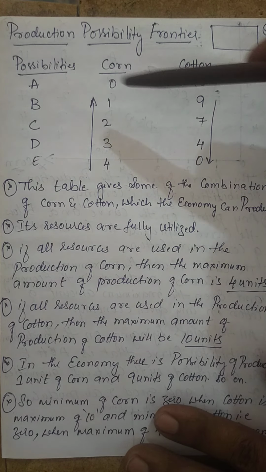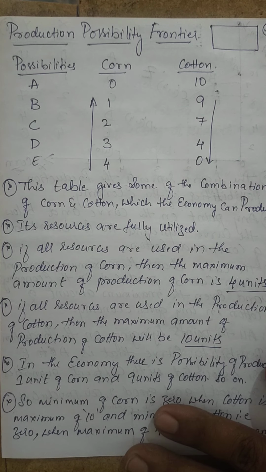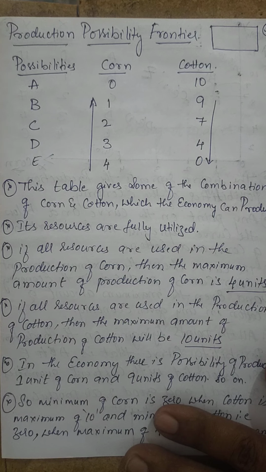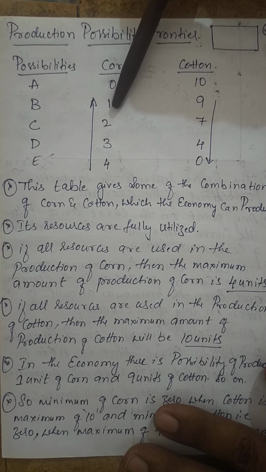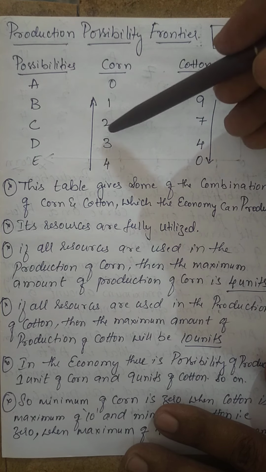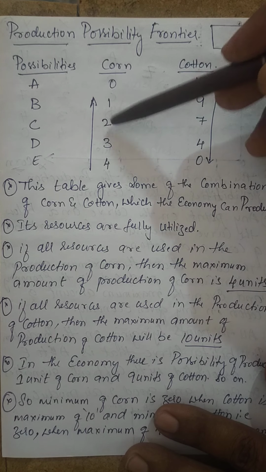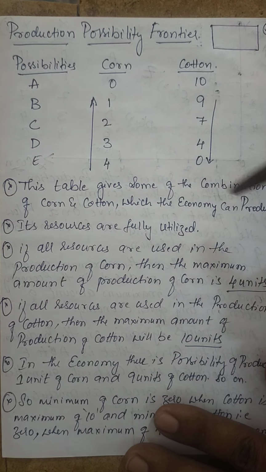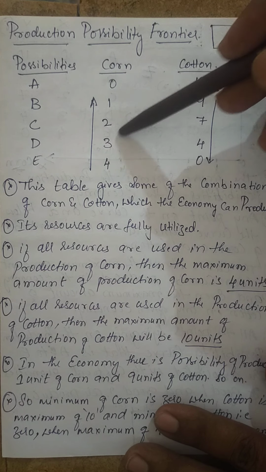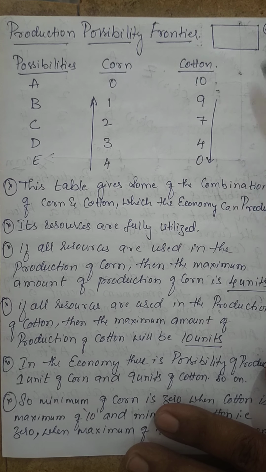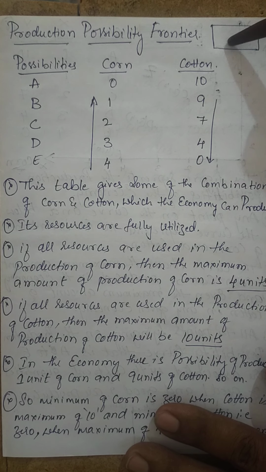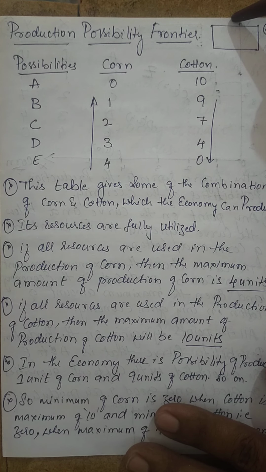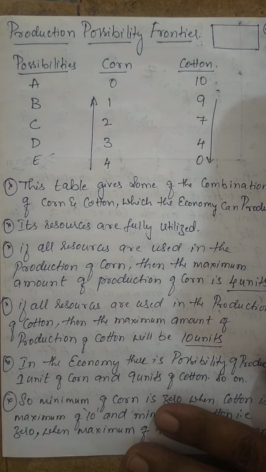The same thing takes place for the third activity, which is called the C combination. He is ready to grow 1 more unit of corn, which means addition. It becomes 2 units of corn now. When he adds corn once again to the cotton field, the cotton field has to be sacrificed again.